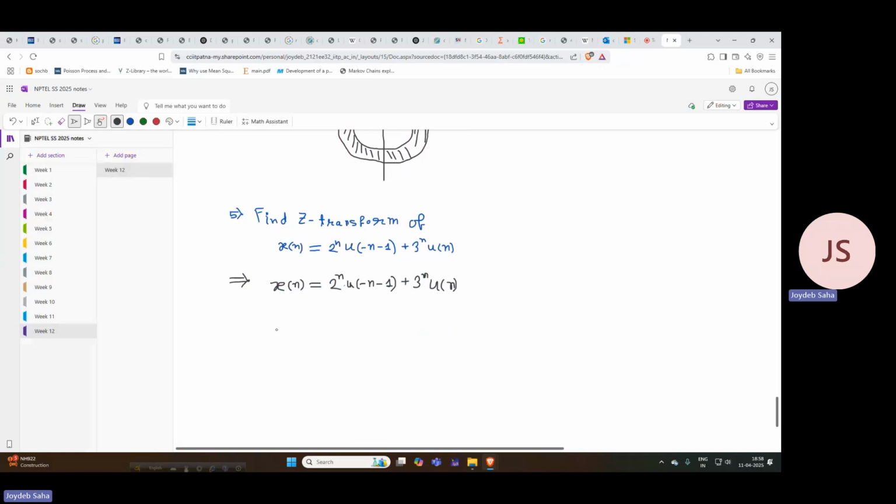So the Z transform will be X(z). Look, first this is LSS, this is RSS, that is a right-sided signal.